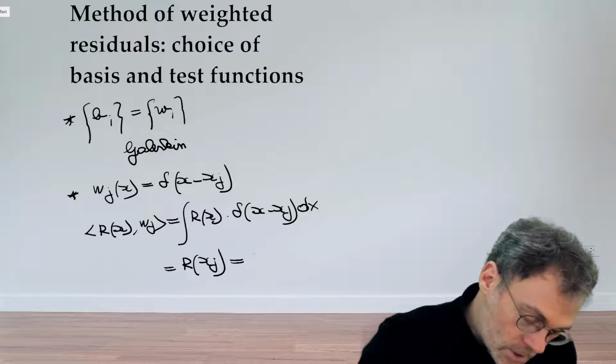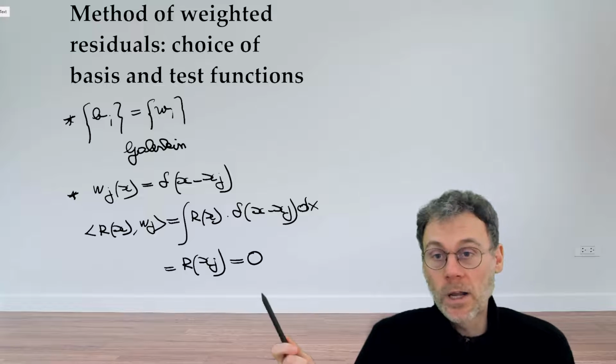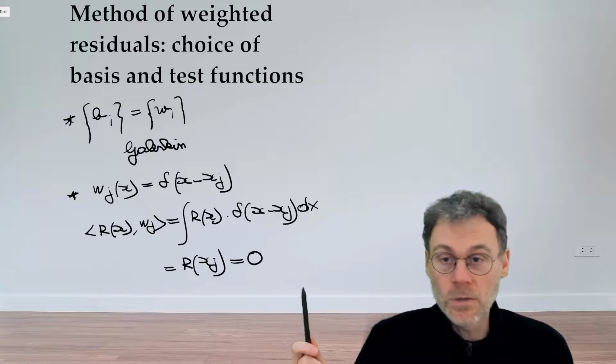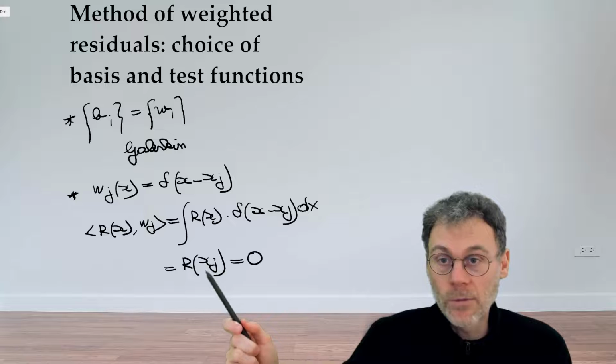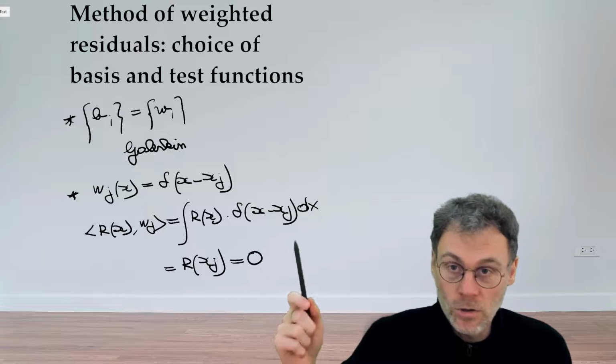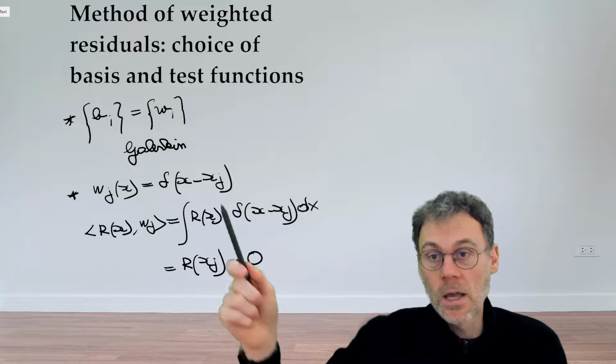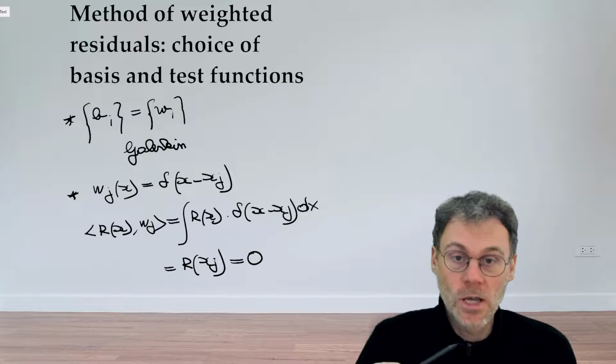And if I put this equal to 0, what this particular choice of weighting functions means is that I'm asking that my residual vanishes at a certain number of predetermined points given by these points x_j here.